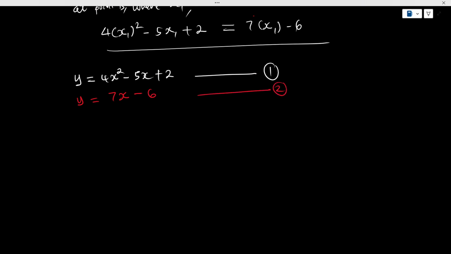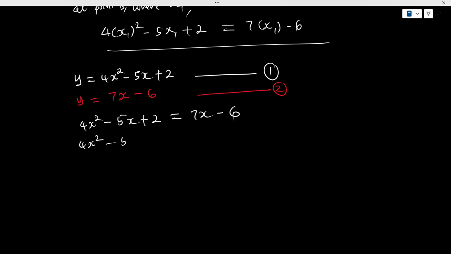The first step is to find out where these two lines meet, the x values where these two lines meet. So I'm going to set the first equation equal to the second equation. I'm going to say 4x squared minus 5x plus 2 equals 7x minus 6.